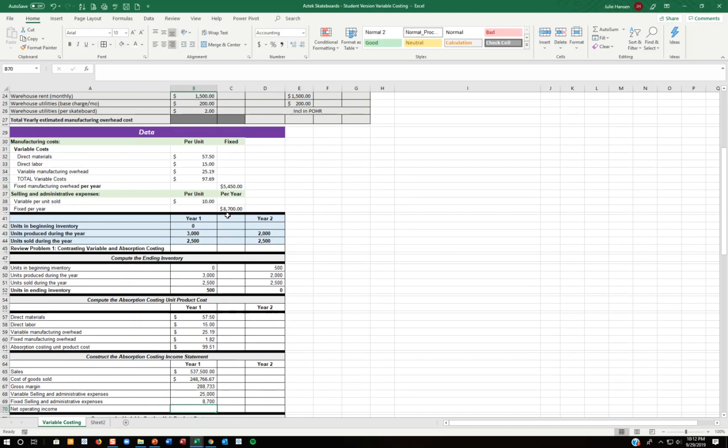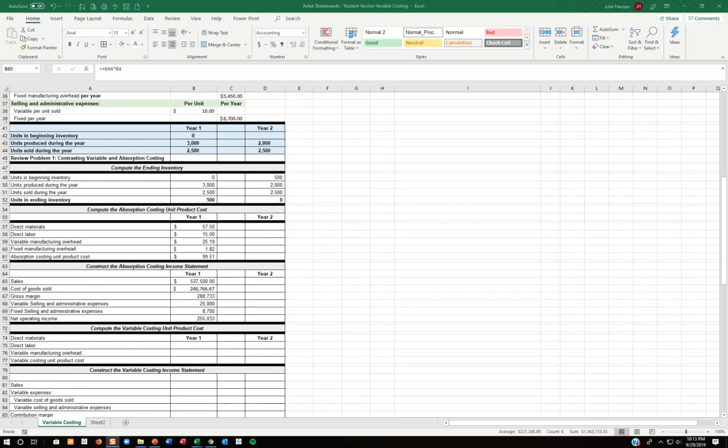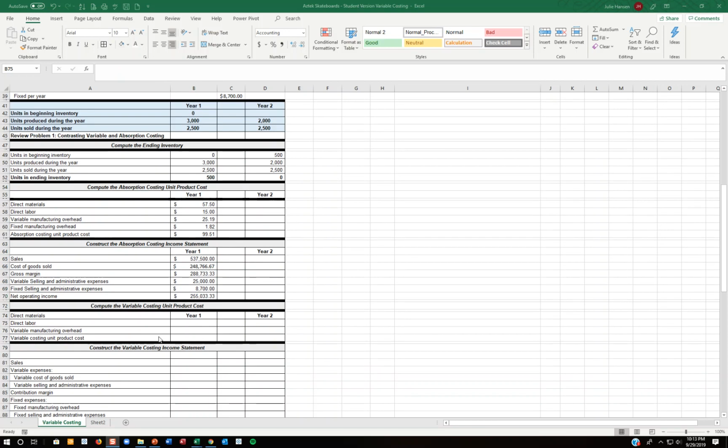So there we have it. And there's my net operating income, my gross margin less my selling and administrative, both variable as well as fixed. And I am going to change those all to a dollar amount so everything looks right with the right amount of decimal points. Okay, let's keep moving on down.